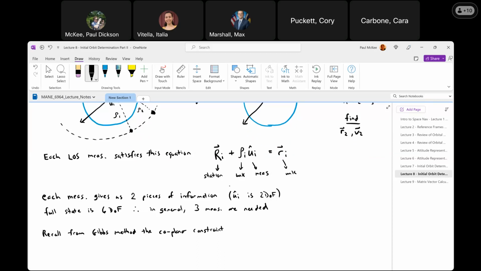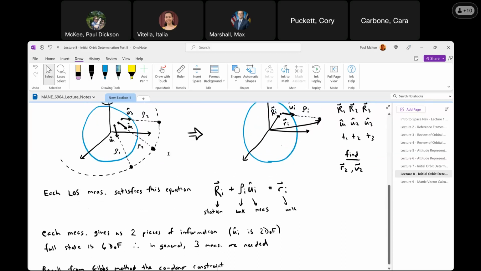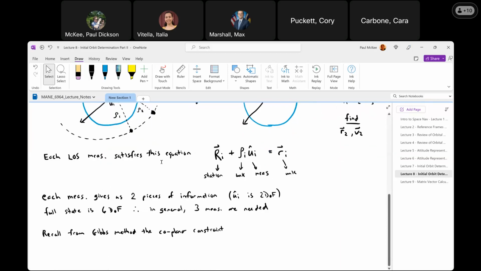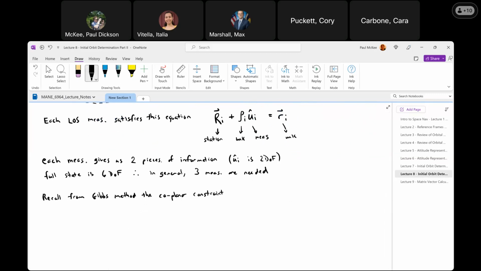What that is saying is that all of the position vectors along an orbit have to be coplanar, which means that one of them would by necessity be some linear combination of the other 2.